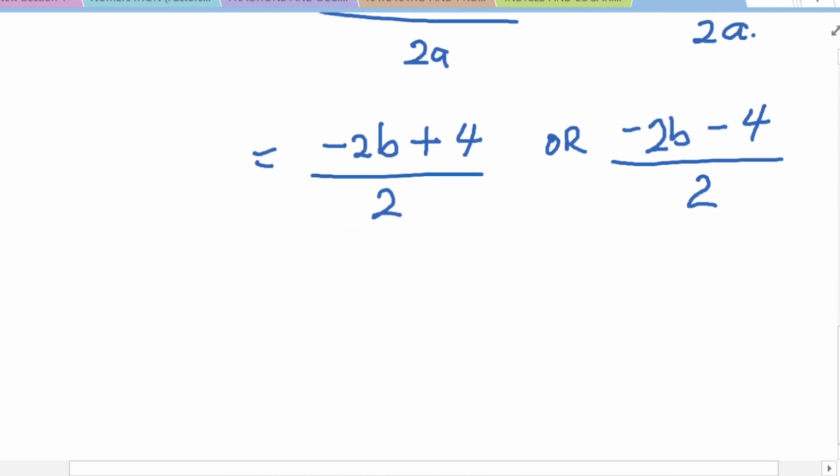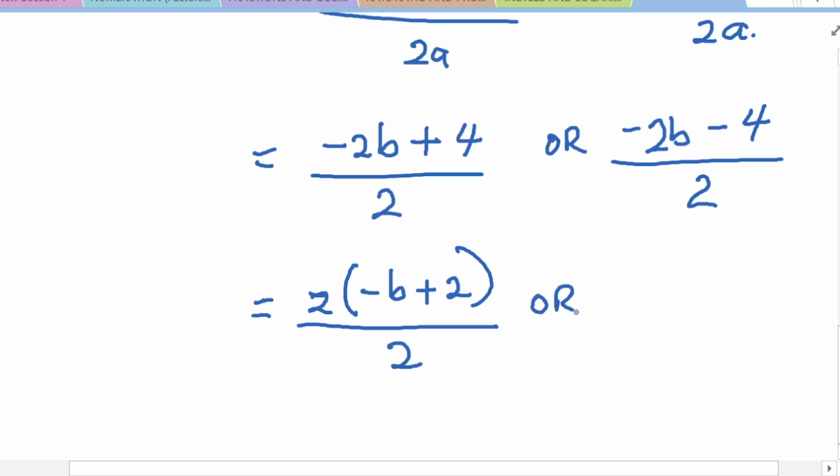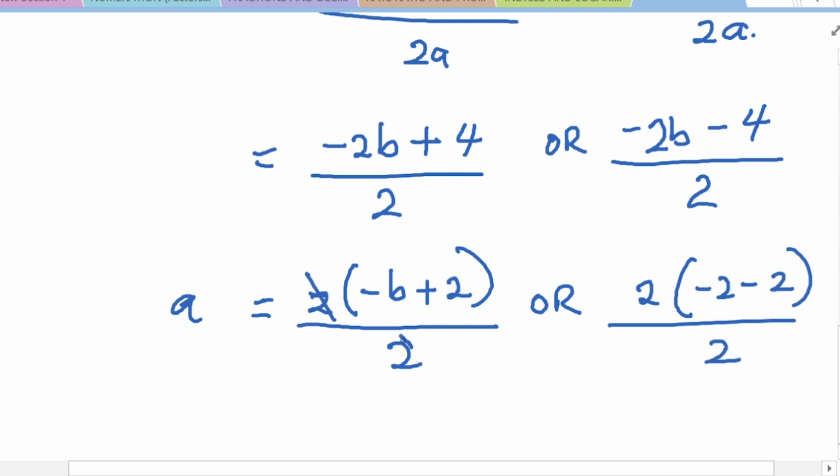So from here, let's factorize again. So this becomes, you put 2 outside the brackets into negative b plus 2, divide that by 2, or here we have 2 outside the bracket into negative 2 minus 2, divide that by 2, so that this 2 and that 2 cancel, that 2 and that 2 cancel.